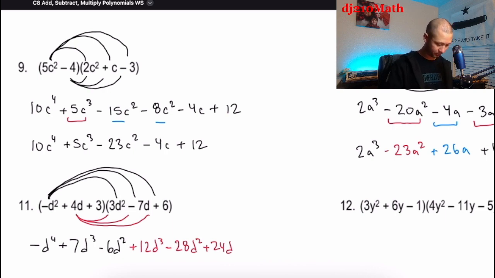All right, last term. Plus 9d squared, minus 21d, plus 18.